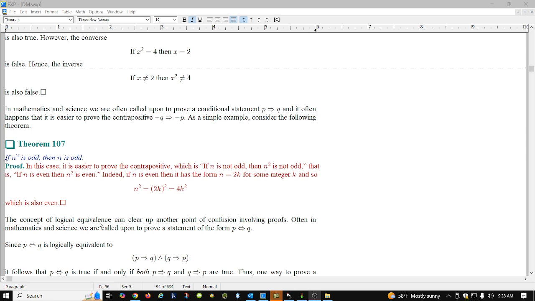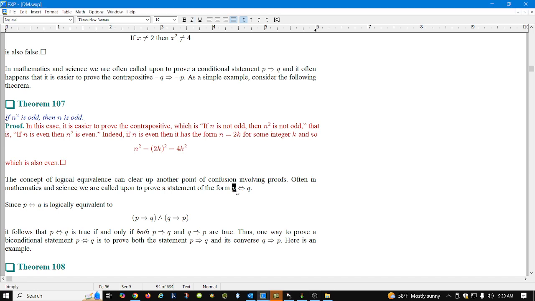Here's another situation where logical equivalence is quite useful. Sometimes we're faced with proving a biconditional, P if and only if Q. Since that is logically equivalent to P implies Q and Q implies P, the majority of the time it's going to be easier to prove two conditional statements entirely separately, because the statement and its converse are not related logically.